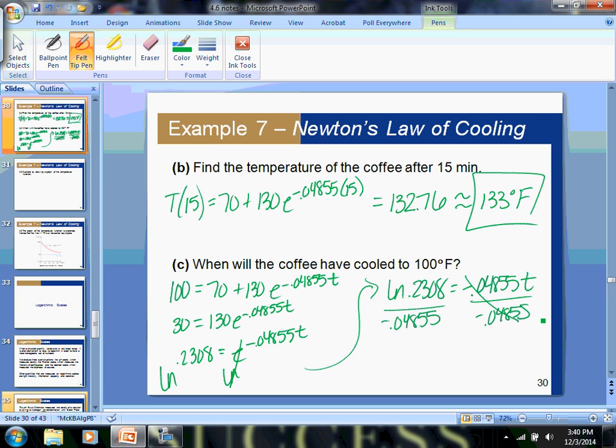So take the natural log of 0.2308, get an answer, then divide that by our constant, and you should get about 30.2. So that would be after about 30 minutes. So again, if you wanted to write that as a complete sentence, you'd say after 30 minutes, the coffee will be 100 degrees Fahrenheit.